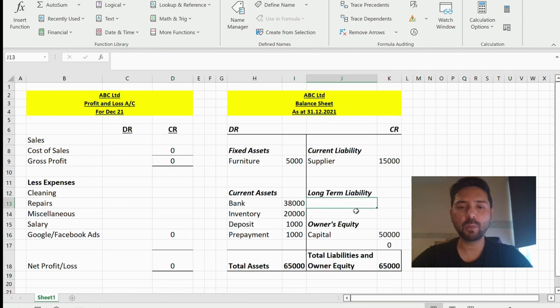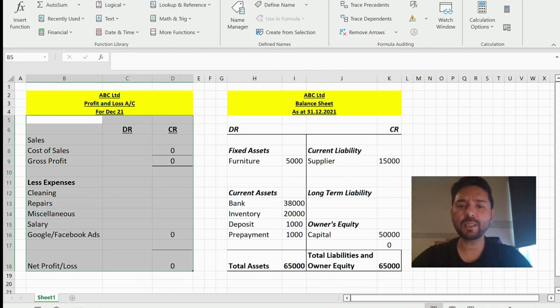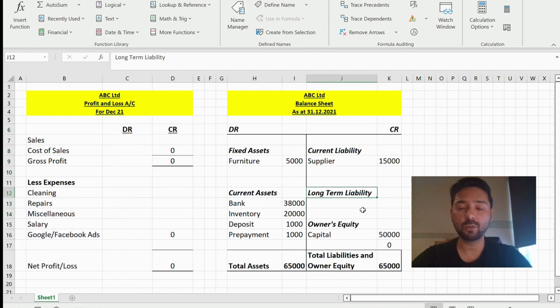So before we jump into seeing that now that the business has the inventory and has obviously placed orders to do the business, when it went on to selling, how did it go and how did the profit and loss account look, let's just quickly, since we have long-term liability here, do one entry here as well.